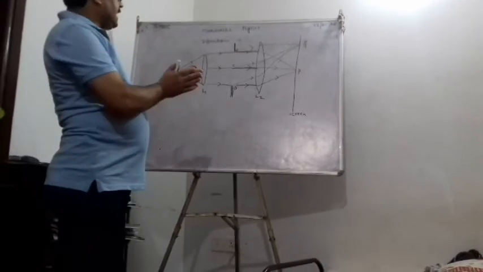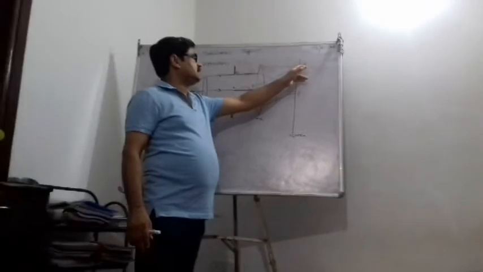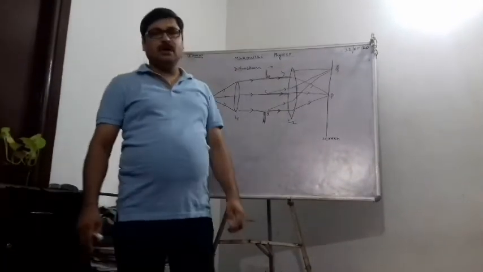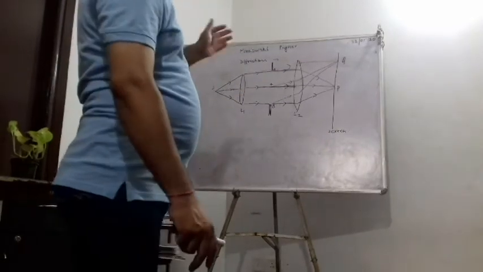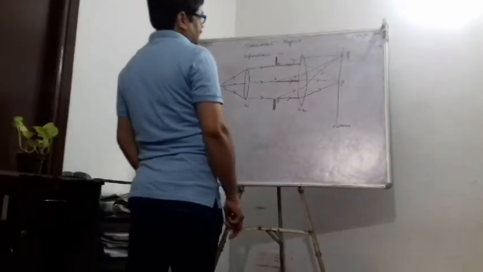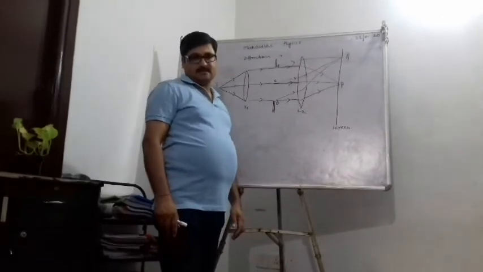So two lights interfere with each other, and this will focus at point Q, and this phenomena is called diffraction. Diffraction means bending of light from the edges of the obstacle.